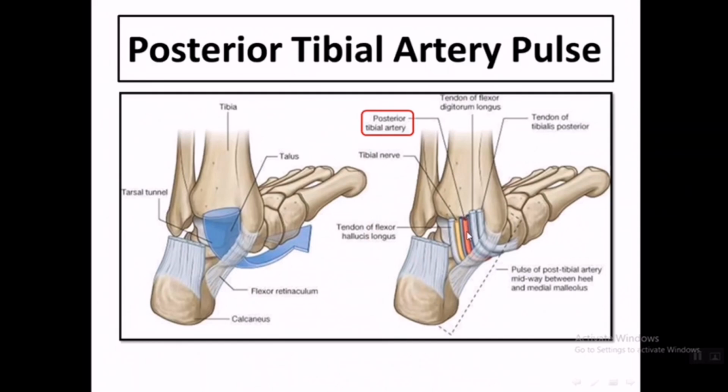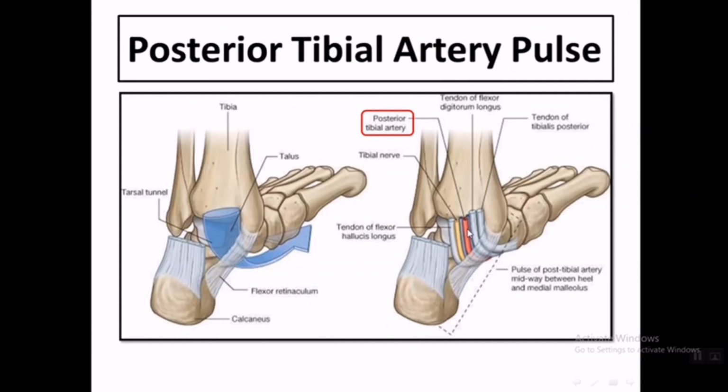Here we can see another figure showing the structures passing under the flexor retinaculum: the posterior tibial artery passing under the flexor retinaculum, related to the tendon of flexor digitorum longus and the tendon of flexor hallucis longus muscle, with the tibial nerve.